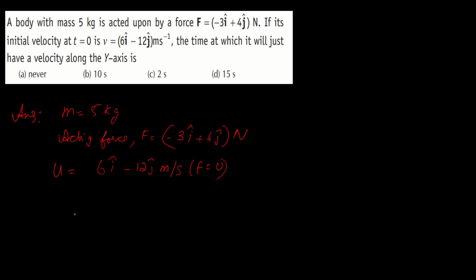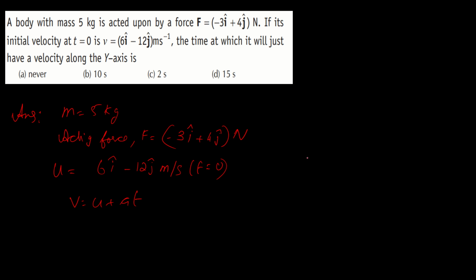Here, first of all, we need to find the velocity along the y-axis, because with the help of the equation v equal to u plus at, we can find the time. If we have u, we can find a, then we can find t.